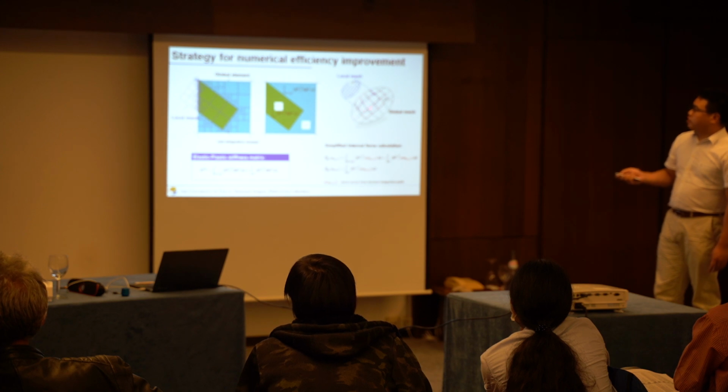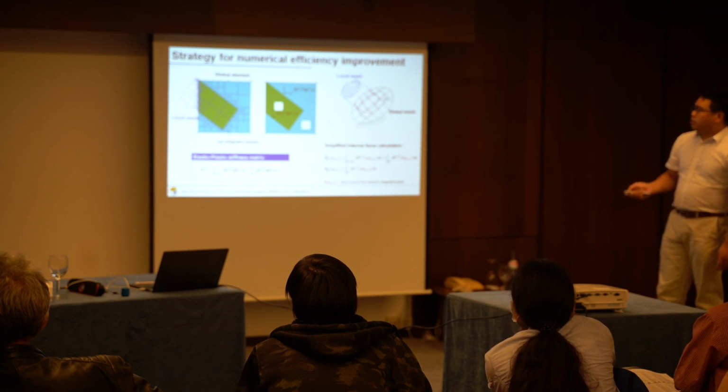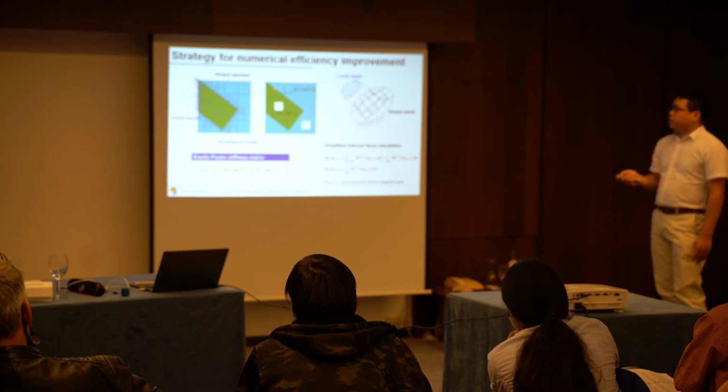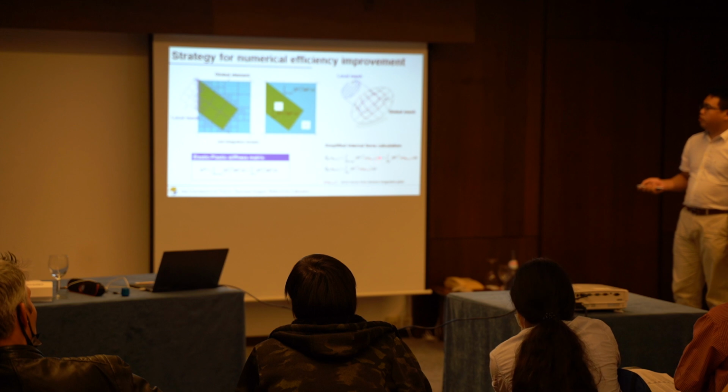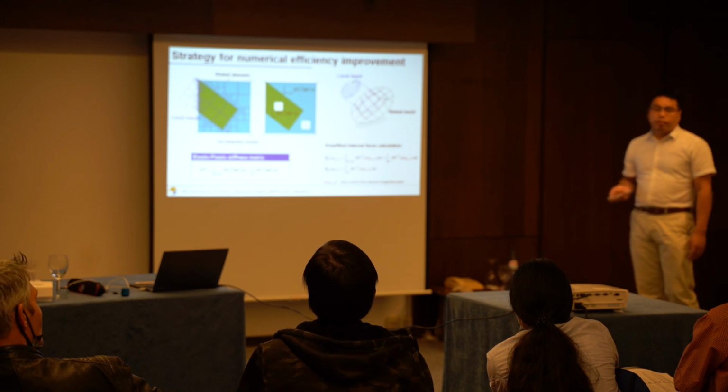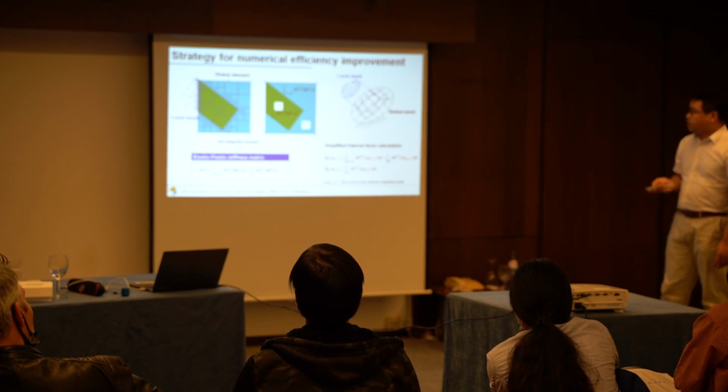And if the global element is fully located inside the local mesh, for example, as marked in pink here, we only need this part. In addition, with this strategy, we can directly use the superposed stress to calculate the internal force. We don't need to calculate the stress components from the global mesh or the local mesh.